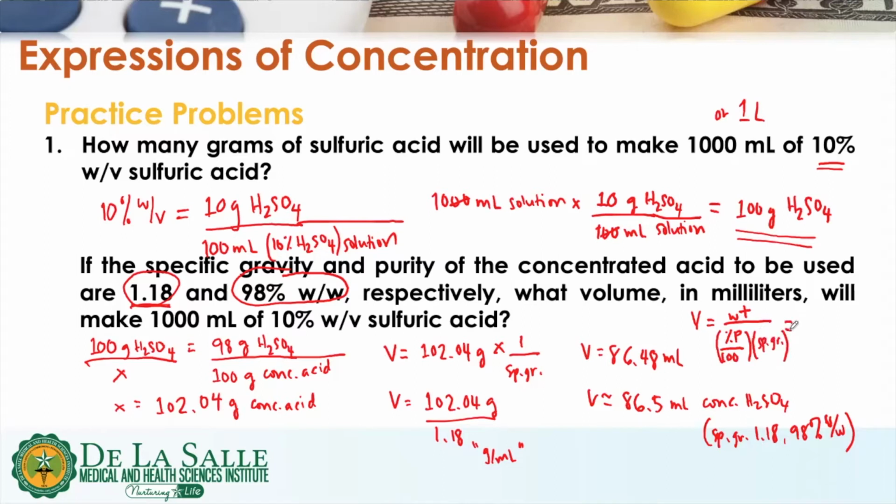So let's use this formula to determine the volume in milliliters of 100 grams of sulfuric acid. 100 grams divided by percent purity expressed decimally, so that's 0.98, times specific gravity, that is 1.18. So 100 divided by 0.98 divided by 1.18 is equal to the same 86.5 milliliters. So either way, you will get the same answer.